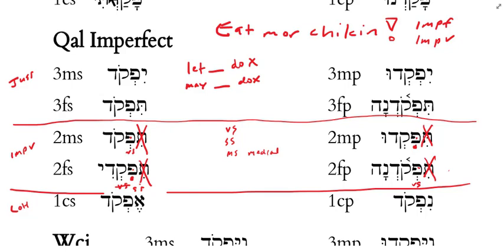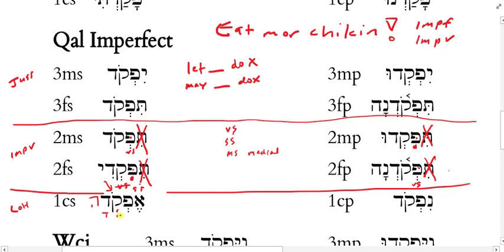So what's going to happen here? Fkod is going to retain in the cohortative that prefix olef, but it's going to add something. It's going to add a qamets-he at the back side. And when I do, is my holem here going to be able to be retained when my accent moves to the back along with the dalet starting a new syllable? Fkoda. No, it's going to reduce to what?